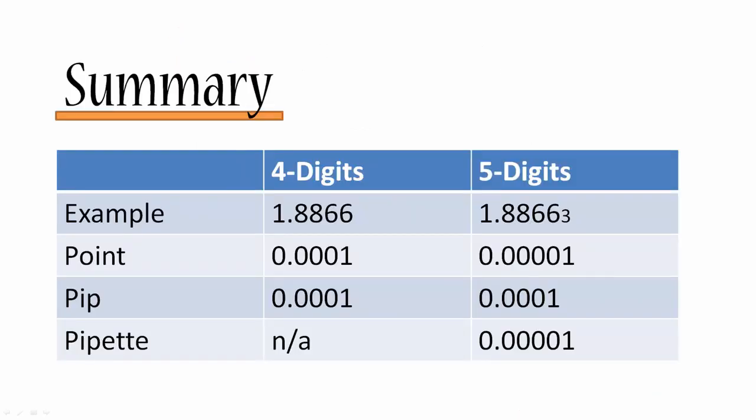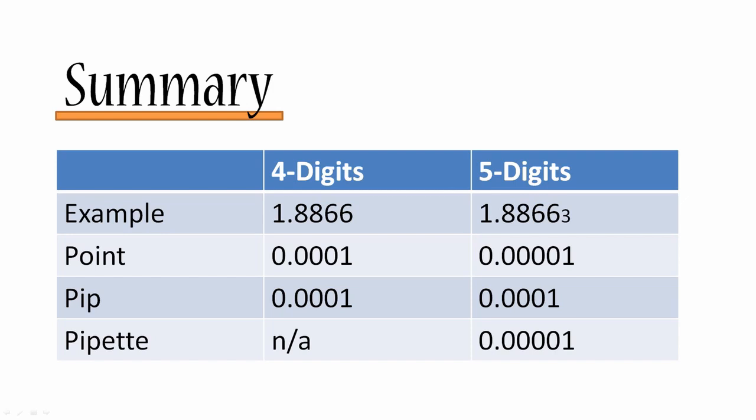So just to sum up, we've got the 4-digit system and the 5-digit system. An example is the British pound Australian dollar quotation that we looked at, 1.8866 in the 4 digits, 1.88663 in the 5 digits. 1 point is always the minimum change. In the 4-digit system, it's 0.0001. In the 5-digit system, it's 0.00001.